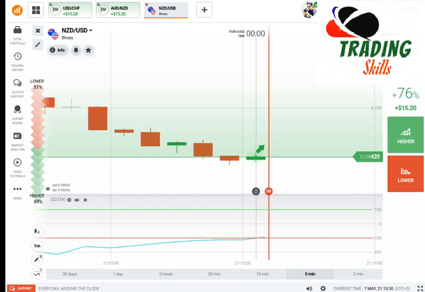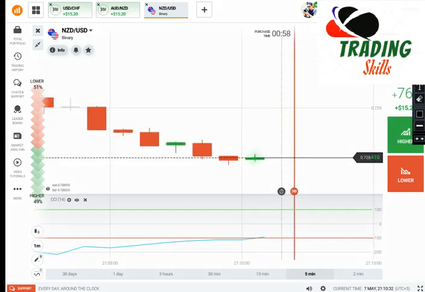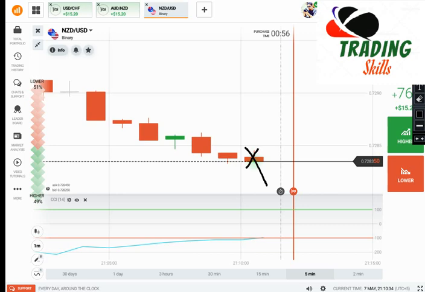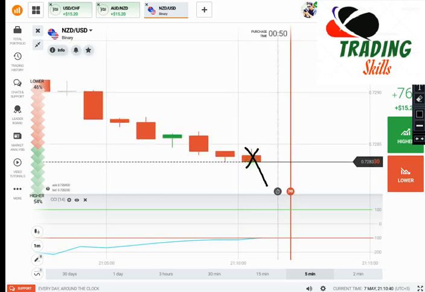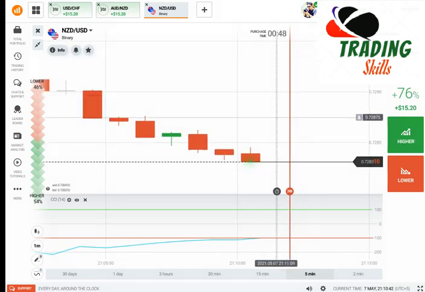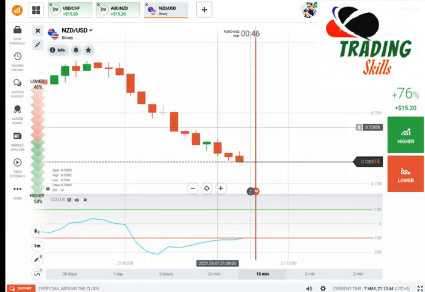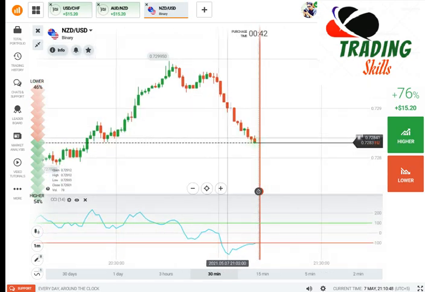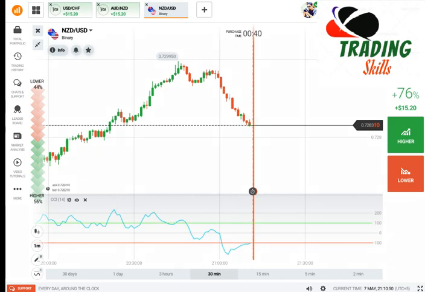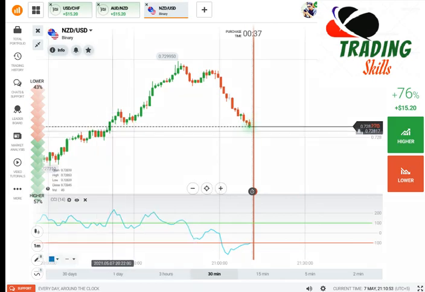So right now I cannot take any trade with this candlestick. Okay, so I'm going to wait for the next candlestick and then I will share what I have for the next move. You can see strong momentum and my next level is far away.